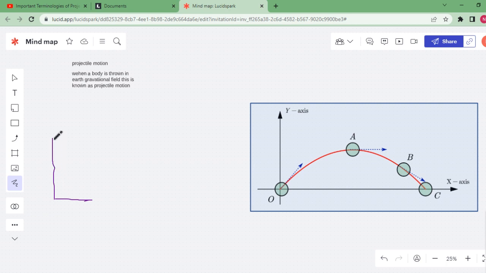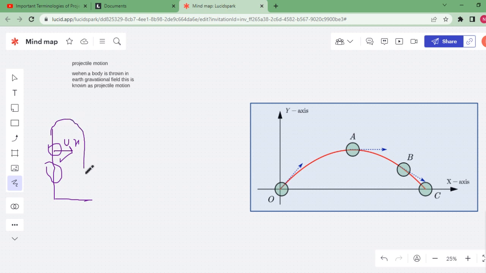If only the y-axis velocity, vy, is active, it only moves in a vertical direction like this. But if I give some horizontal velocity to this ball, which is ux, it also moves in a horizontal direction, and it is no more a one-dimensional motion, which means now it's a projectile motion.